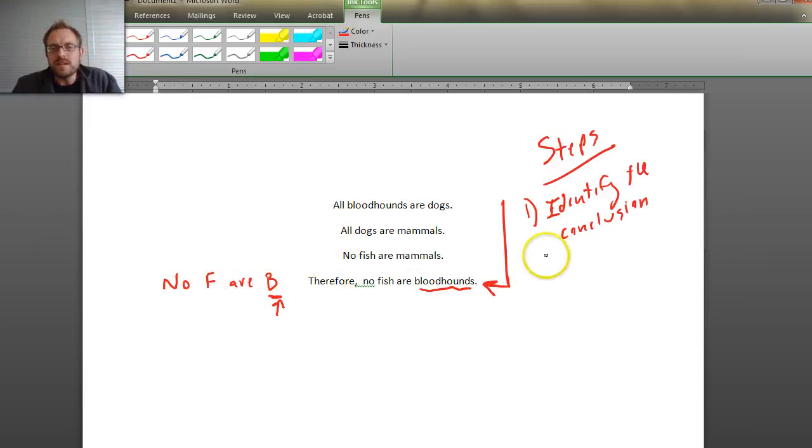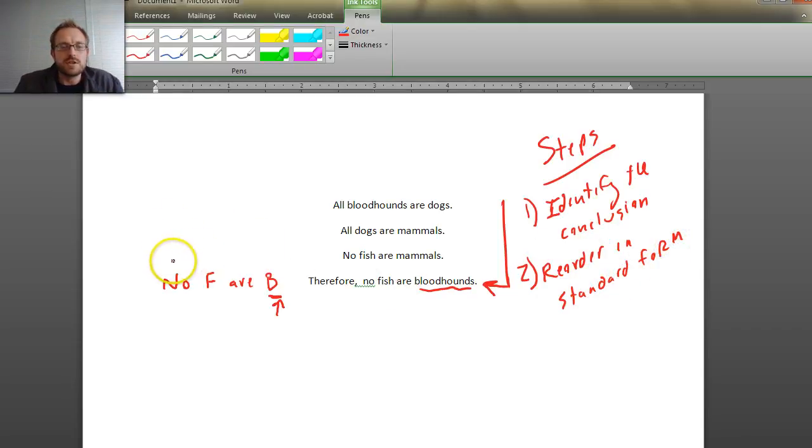So that means the second step is to reorder in standard form. Okay, so let's label this off. This would be no F are M. All I'm doing is transcribing into the variable form just by replacing the subject and predicate terms with letters.